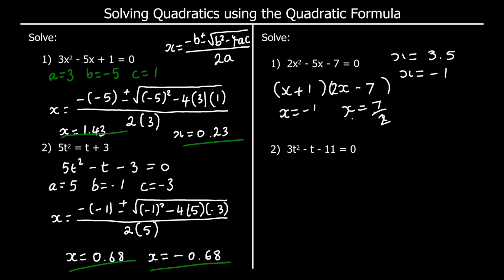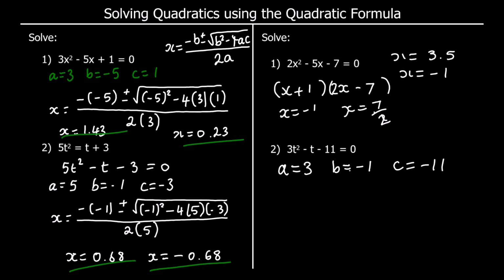The second one, we've got a is 3, b is negative 1, c is negative 11. So we just use the quadratic formula.